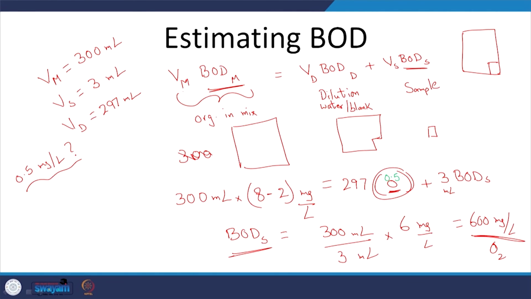As you can see, the BOD of your particular sample is going to be lesser, because this mass will go out here and we have to subtract it. So, 300 into 6 minus 297 by 2, whole divided by 3, is what the BOD of my sample is going to be equal to.